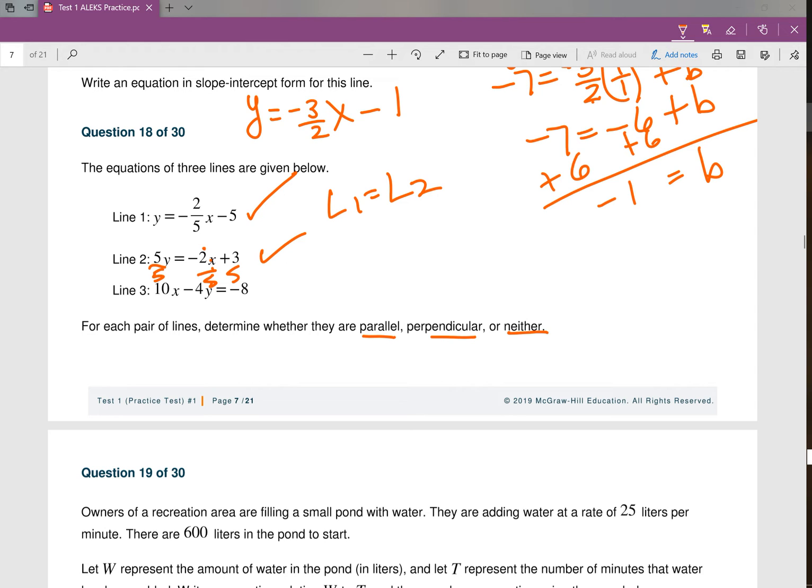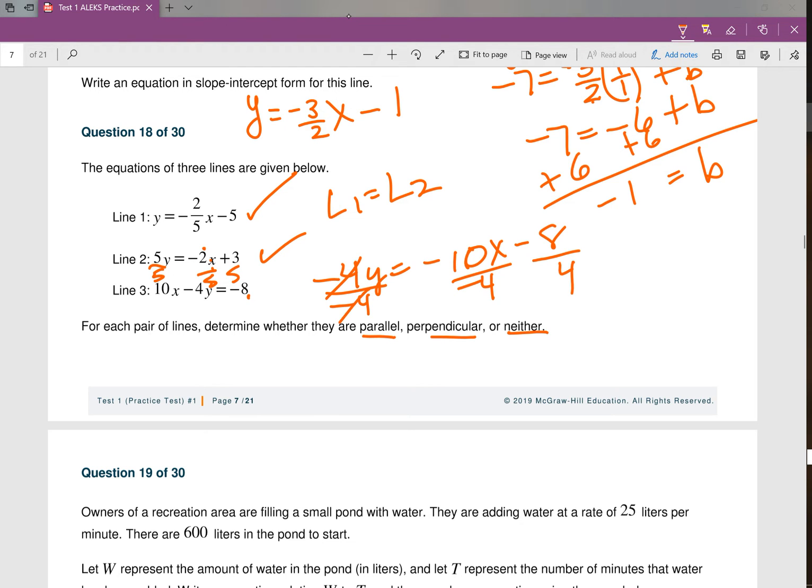If I look at the equation for line 3, for example, I have 10x minus 4y equals negative 8, so I'm going to subtract the 10x. So I have negative 4y is equal to negative 10x minus 8. And then what I'm going to do is divide by negative 4 here, here, and here.